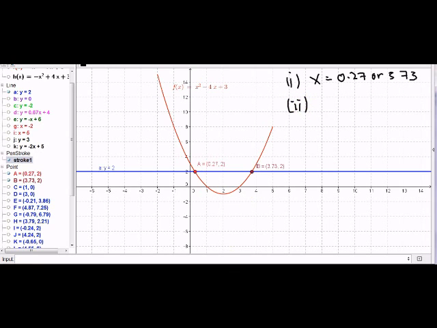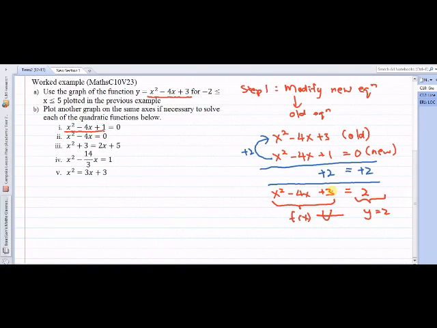Part 2. x squared minus 4x equals 0. First, we need to write down the old equation, x squared minus 4x plus 3. And at the bottom, we write the new equation, x squared minus 4x equals 0.